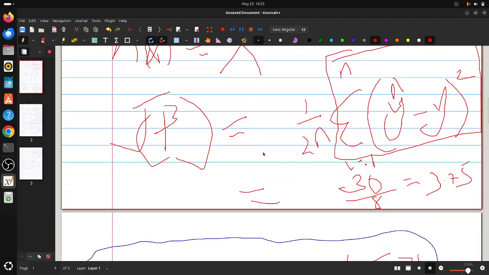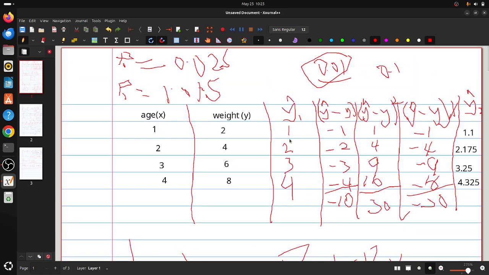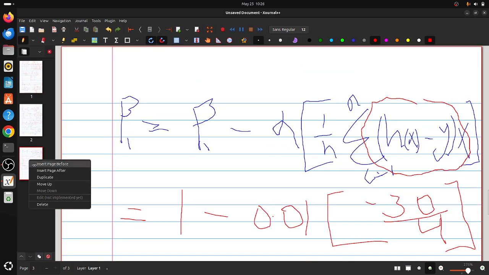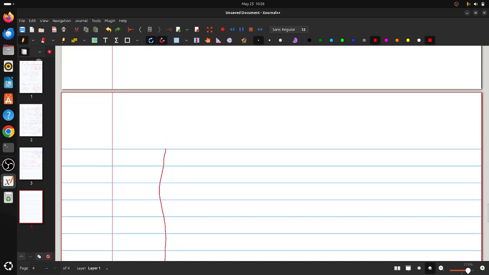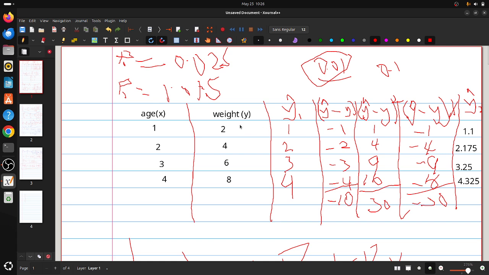So I think we should get another table. Let me insert another table up here. Okay, let me put it down. Now we have the predicted values and the true value. Let me just take the necessary values for this case. We need this and this, right?